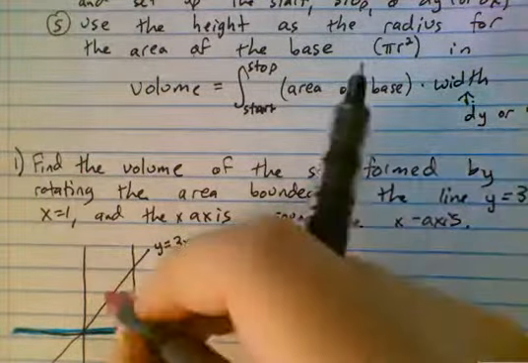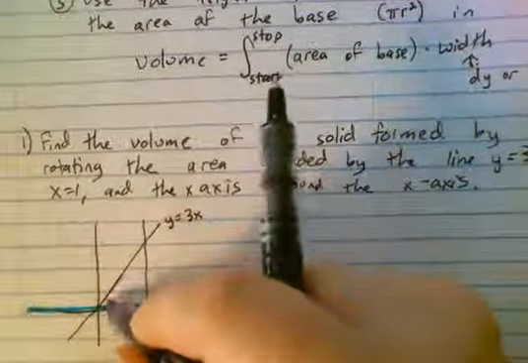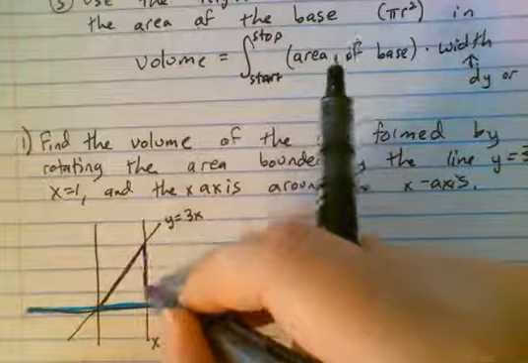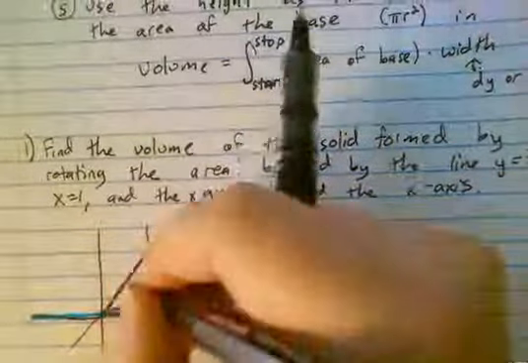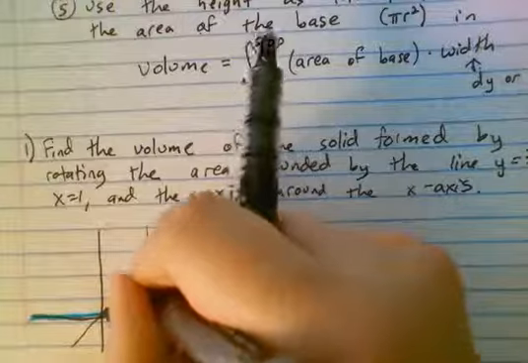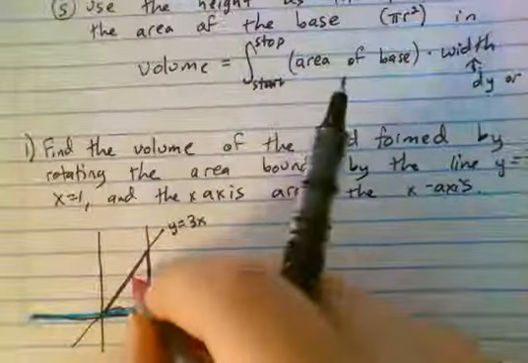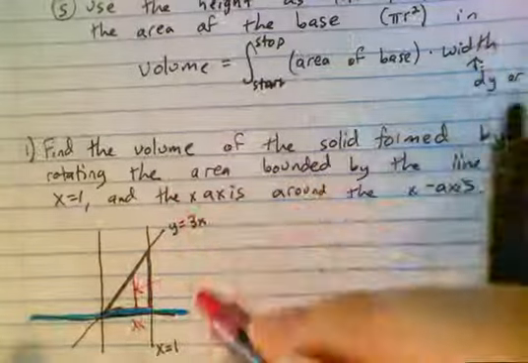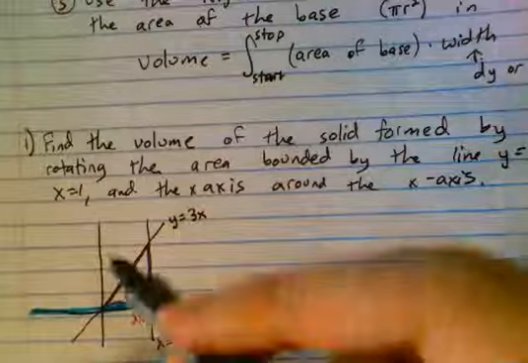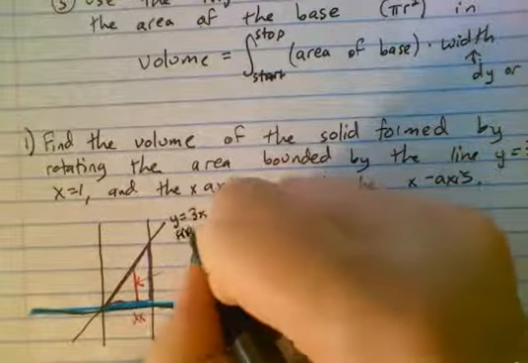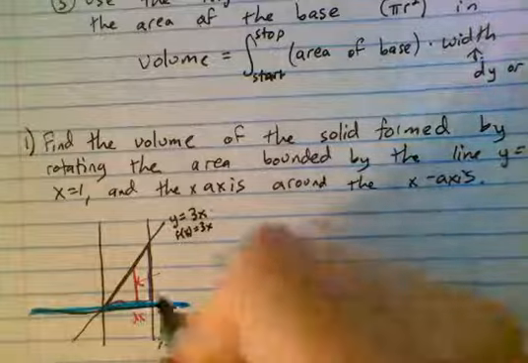So our infinitely thin rectangle, let's see, let's mark the area. So the area that we're interested in is right here. And our infinitely thin rectangle has to be perpendicular to what we're rotating. So there we are. This is going to be a dx. And then this height right here, I'm going to do the upper one. So this is, I'm going to call this f of x equals 3x, because I know that as soon as I have that dx, everything's got to be in terms of x.